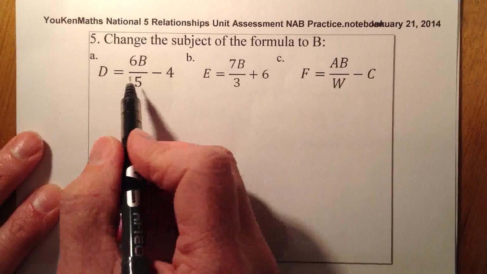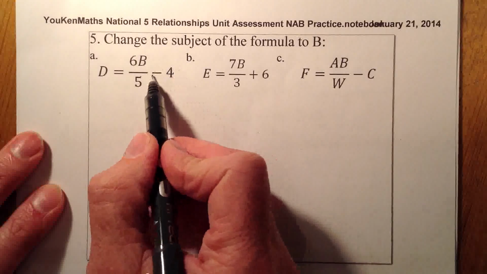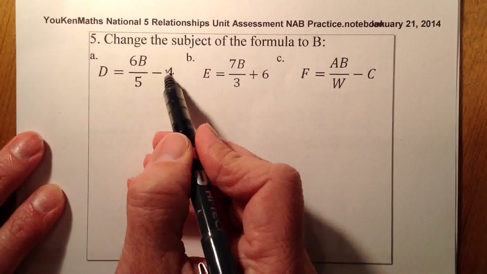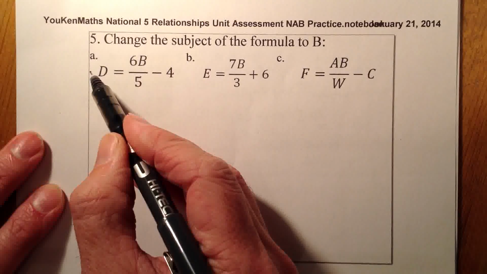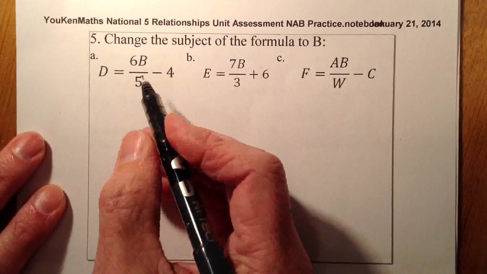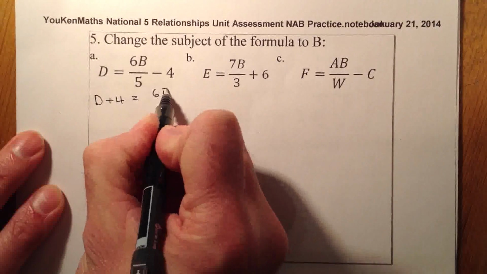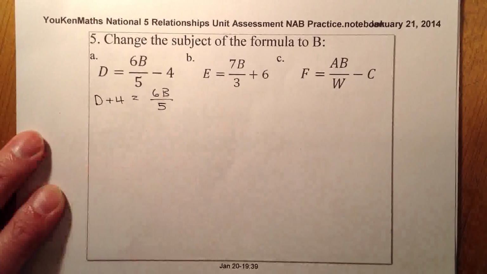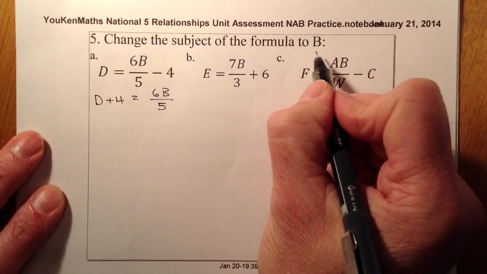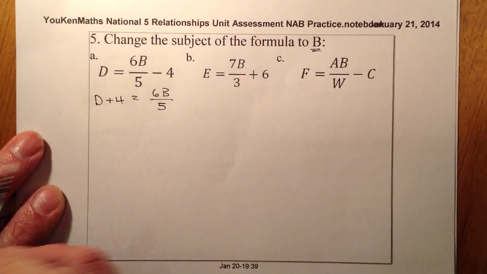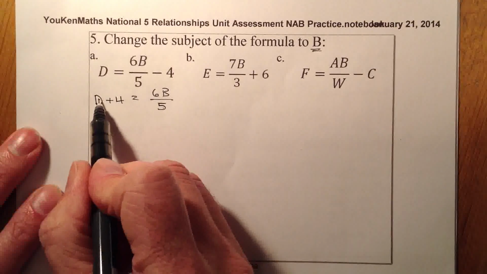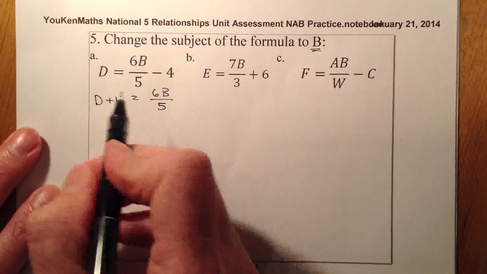First thing we're going to do is, I can see that this minus 4 is sitting out on the side here, so I'm going to bring that over to that side and change it to a positive. Okay, so I've got d plus 4 is equal to 6b all over 5. Remember, we've got to change the formula to b. What I'll then do is I'll multiply this side here by 5.